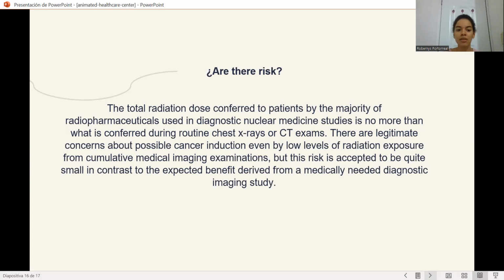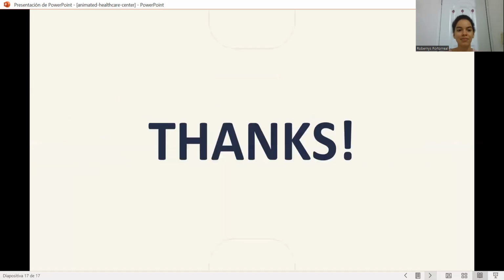There are legitimate concerns about possible cancer induction even by low levels of radiation exposure from medical imaging examinations. But the risk is accepted to be quite small in contrast to the expected benefits derived from a medically needed diagnostic imaging study.